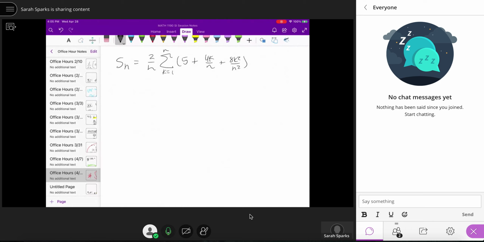So all we do now is take that 2 over n times that summation symbol. We're just going to distribute that to each individual term. Very similar to exam 11, we want our summations to look like those formulas that we memorized, like the summation of 1, summation of k, and the summation of k squared.